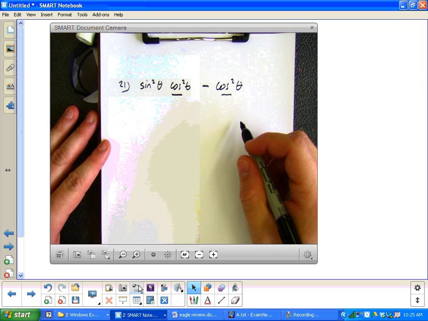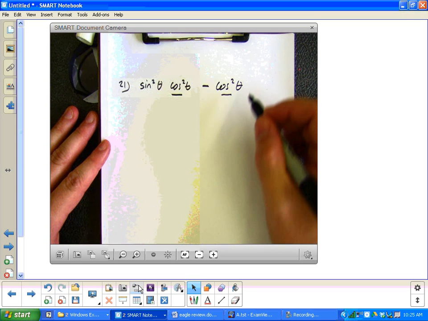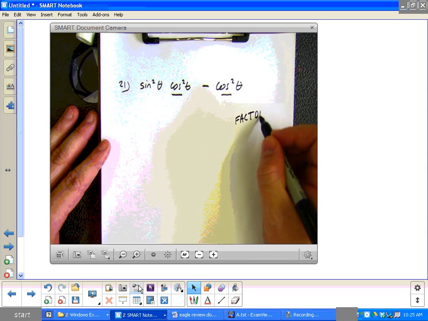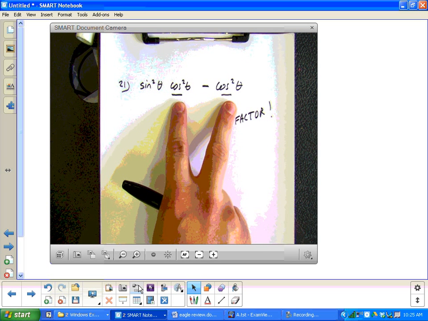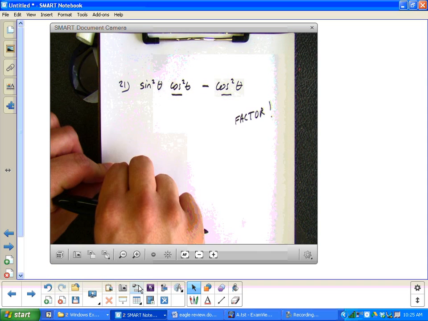I guess I'm going to have to tell you, second hour figured it out. You ought to feel ashamed. Here's the idea. You said factor? How though? You have a common factor of cosine squared, so you bring one of them out.